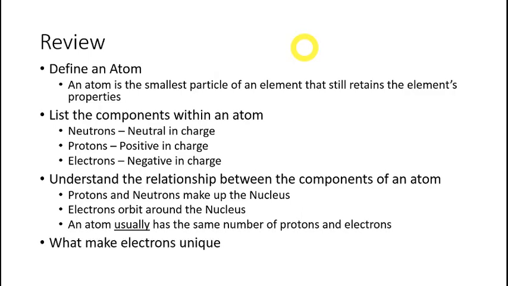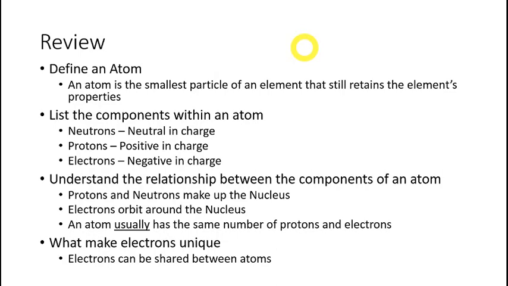That is the lesson. Now, one thing that I wanted to highlight here at the end is what makes electrons unique. And what makes electrons unique is they can be shared between the atoms. Okay, this is kind of the precursor for us talking about current flow and what happens there.